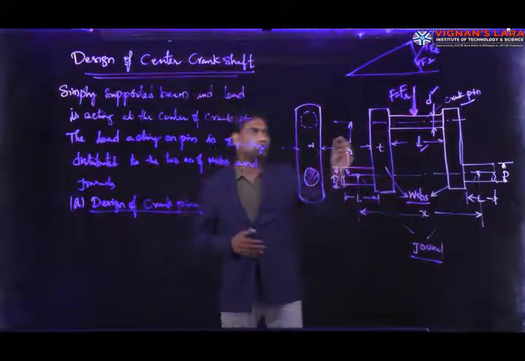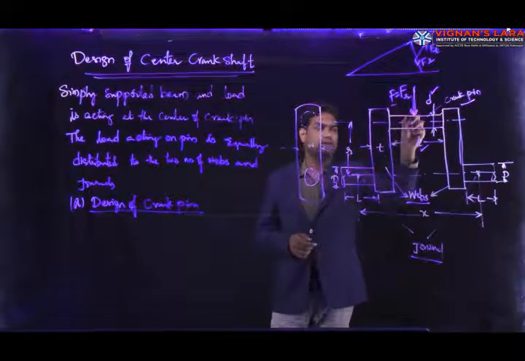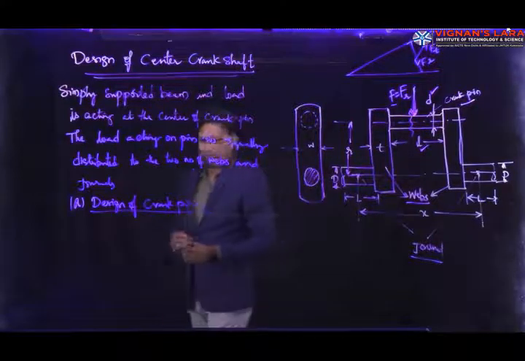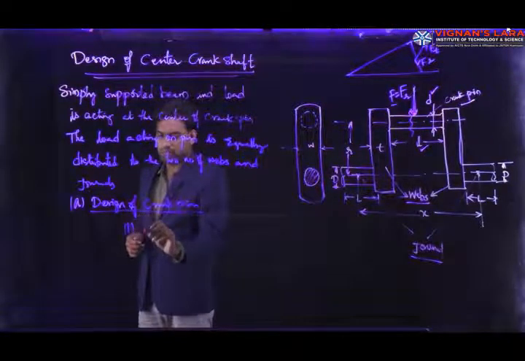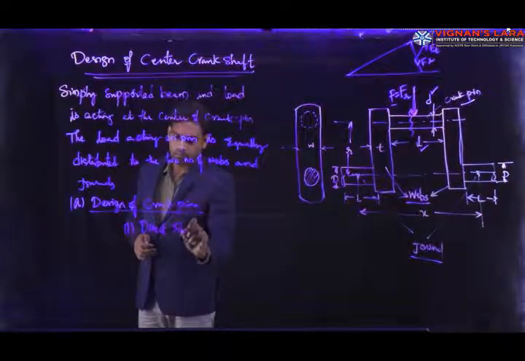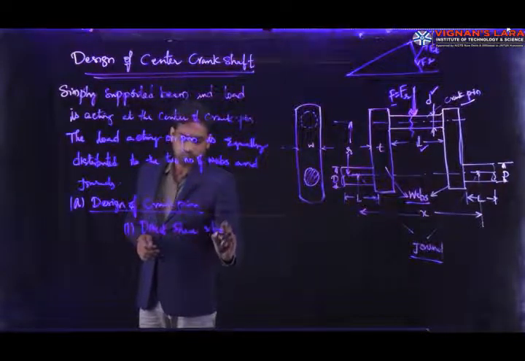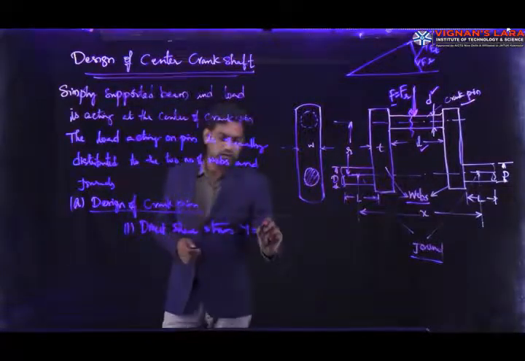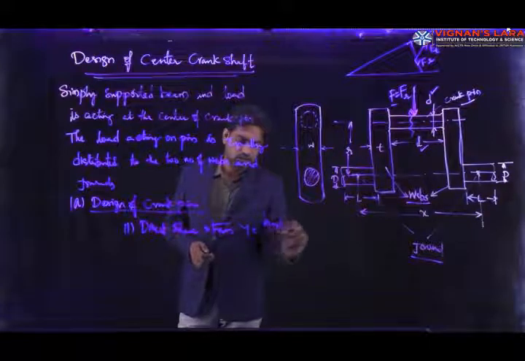By the action of the load F at the center of the crank pin, there is a chance of shearing of the pin. That is the first stress induced in the pin, the direct shear stress, denoted by tau. We know that the direct shear stress is calculated by load by area.